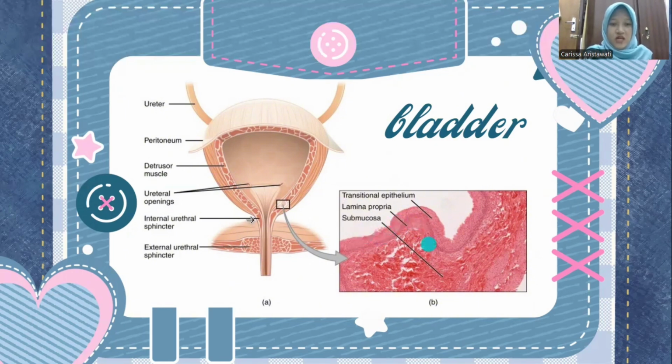And this you can see as a triangle. These are called the openings of the ureter. While this is the internal sphincter, or the muscle of the urethra, it has two muscles. This one is called the internal urethral muscle, while this is called the external urethral sphincter.